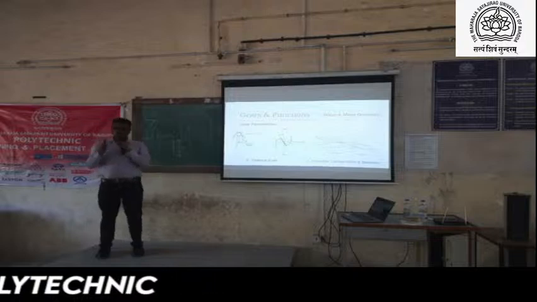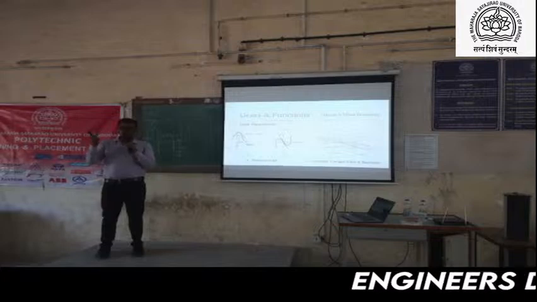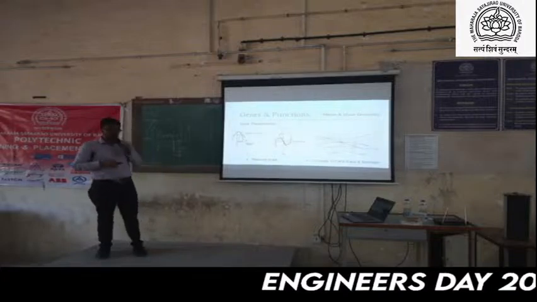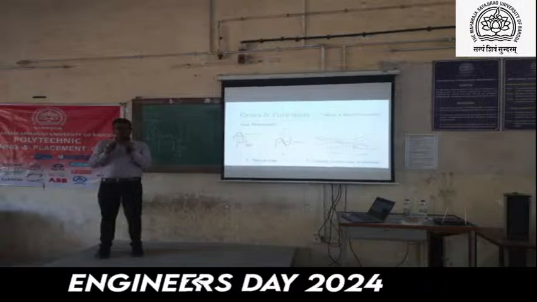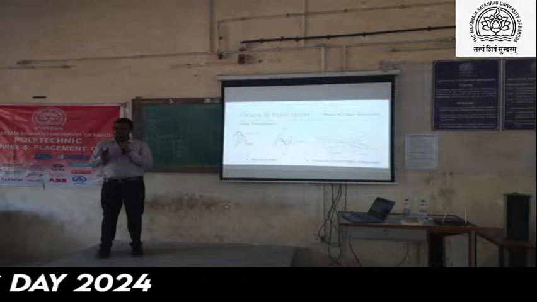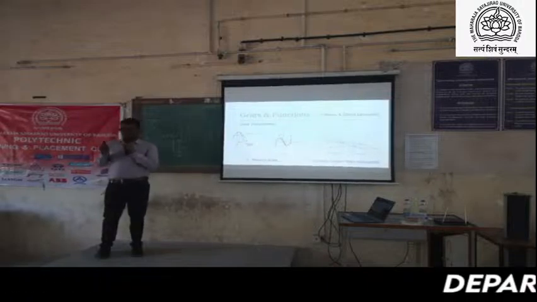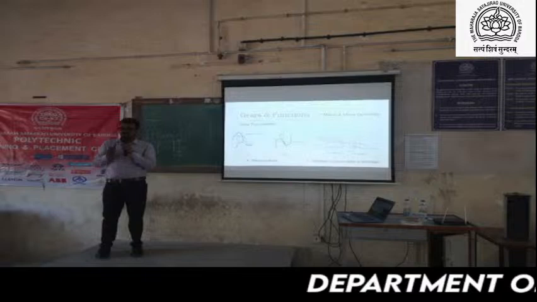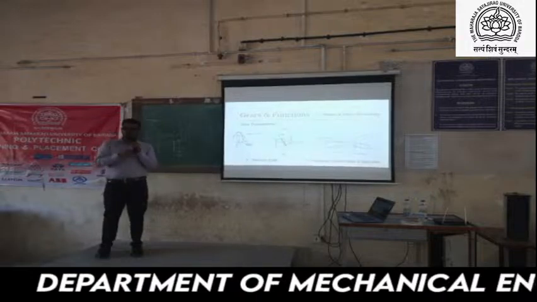So there are lots of pressure angles like 14.5, 20, 22, 25, even 30. What I said is the standard pressure angle. In the automobile industry, they use 14.5 and 22 also. Based on the application, load carrying factor, failure, and efficiency, the pressure angle will vary. So there is no thumb rule that it needs to be like this.